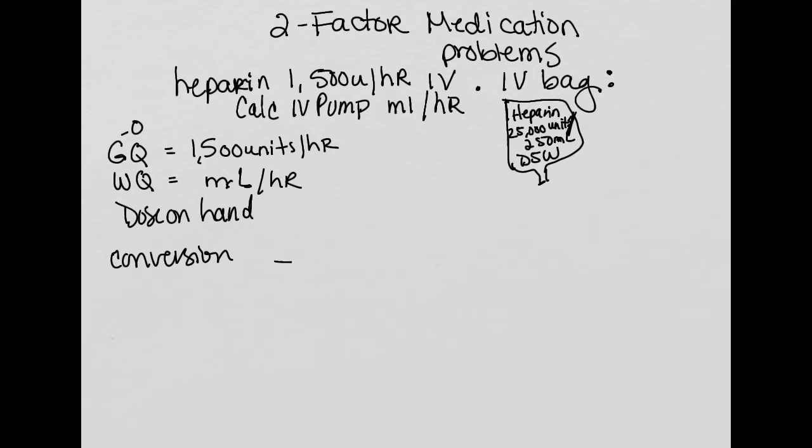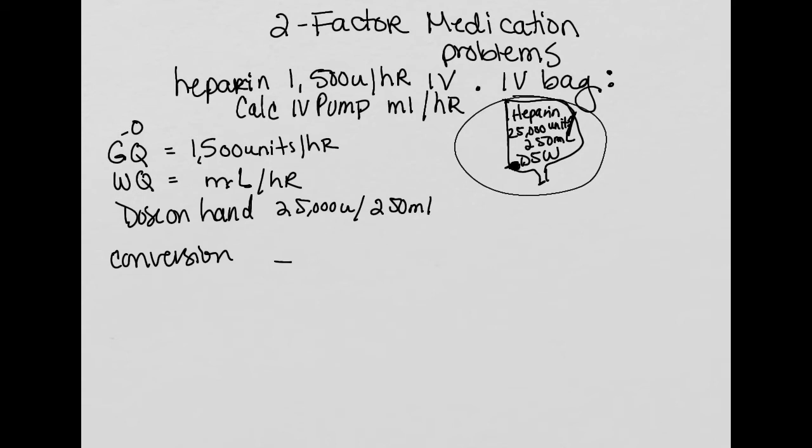Now we need to figure out what the dose is on hand. This is when we can go to this bag and figure out what is important. We have 25,000 units per 250 mLs. We don't really have to know that it's D5W. Yes, if you're on the unit, you need to know that it's the correct type of solution, but for calculating, we just need to know the dose on hand is 25,000 units in 250 mLs.